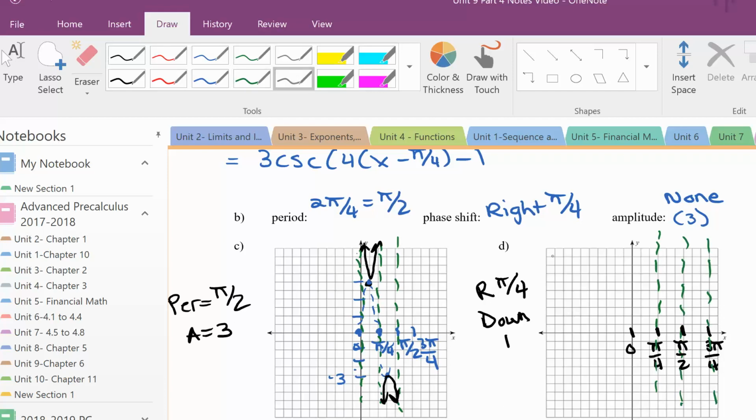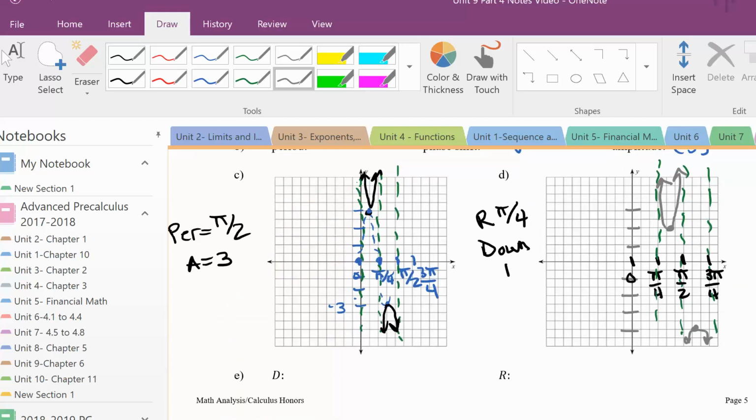And now the points are going to go down 1. So instead of at 3 and -3, it's going to go to 2. So in the middle here, 2, and then to -4. So then you're going to go up like that and down like that.